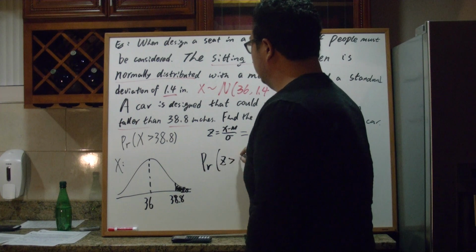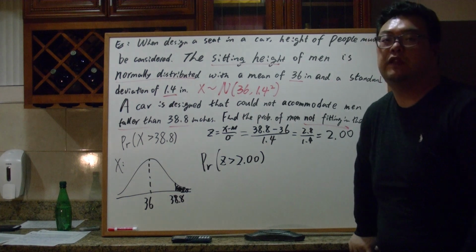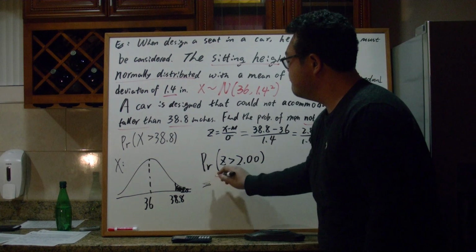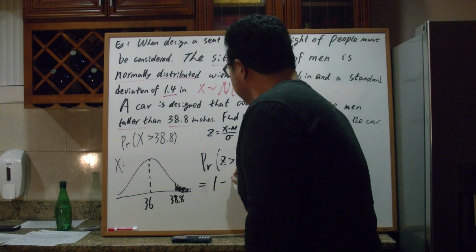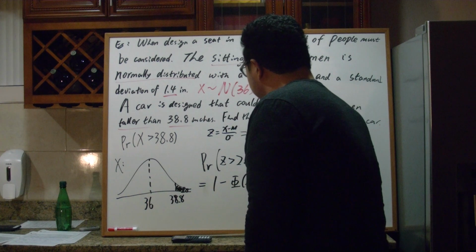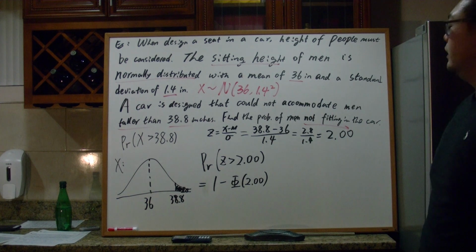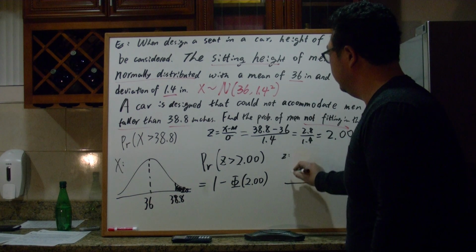Converting to the z-score, we're looking for the probability of z greater than 2.00, which is 1 minus phi of 2.00, that is 1 minus the table value. We also need to draw the density for z.